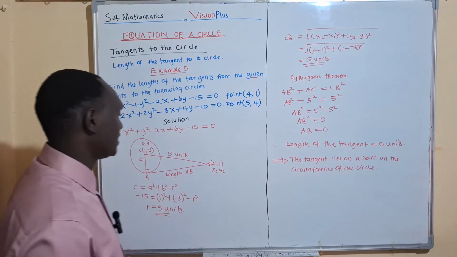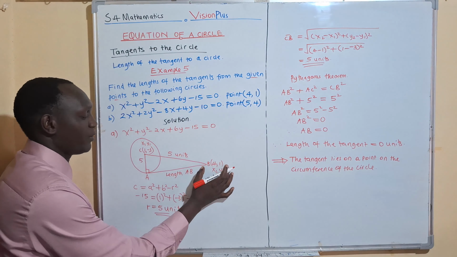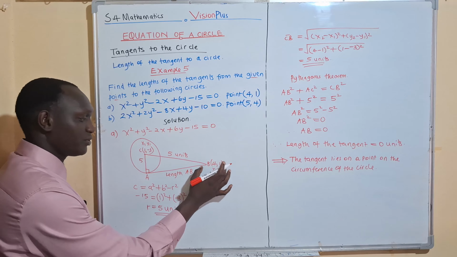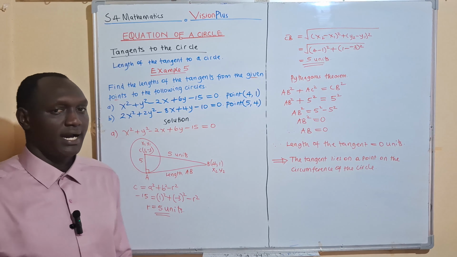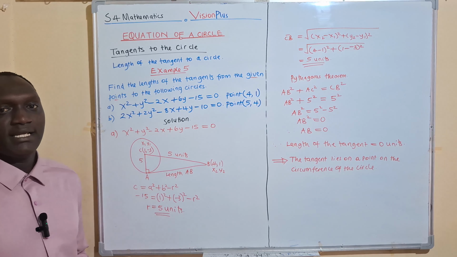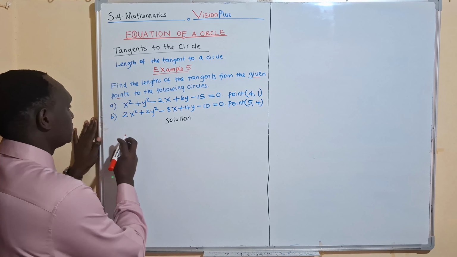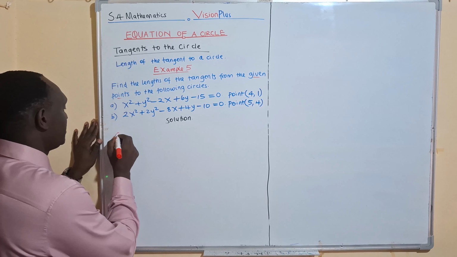So it means that this point from where we are drawing the tangent is not out here, but it is on the circle at the point of tangency. So this is the solution for part A, and now going to part B.